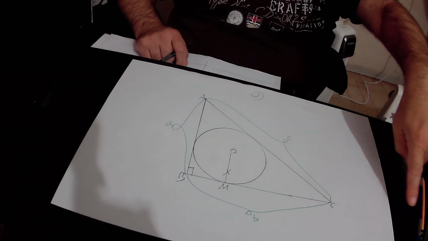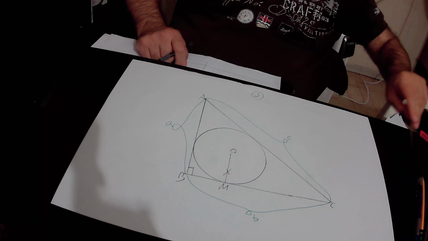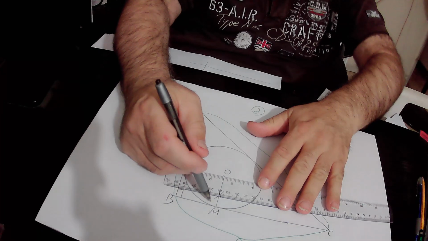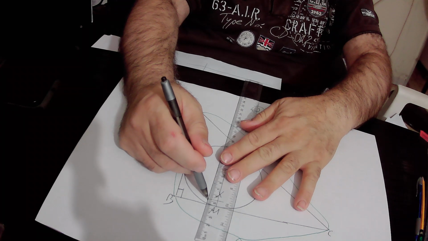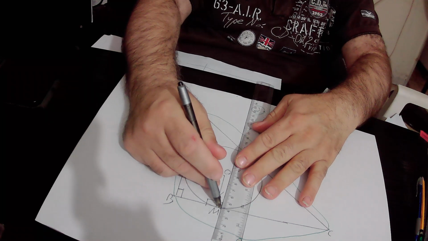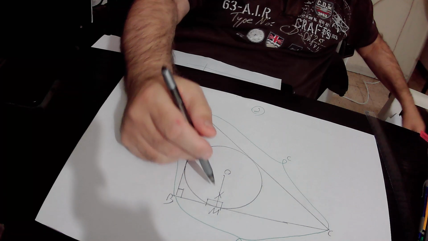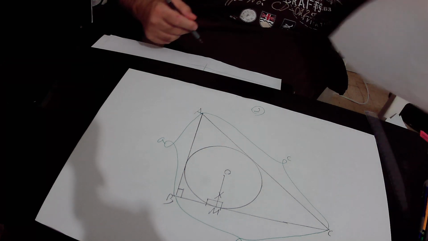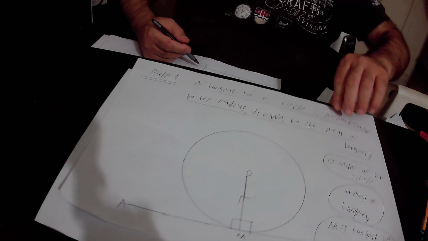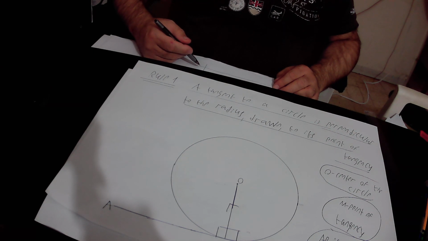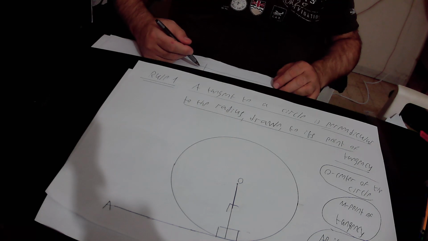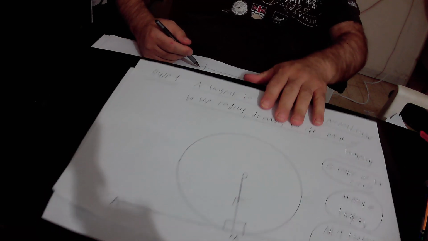If BC is perpendicular to MO, it means that this angle equals 90 degrees, and this angle will also equal 90 degrees according to rule number 1. According to rule number 1, a tangent to a circle is perpendicular to the radius drawn to its point of tangency.